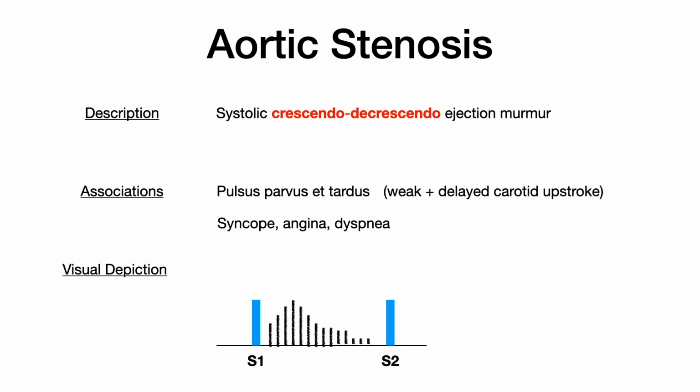Now, the other thing you want to think about with aortic stenosis is if it's an older patient, it's usually safe to say that that's due to age-related calcification. But if a younger patient has aortic stenosis, you want to think about a bicuspid aortic valve. And a bicuspid aortic valve simply refers to when two of the aortic valve leaflets fuse.